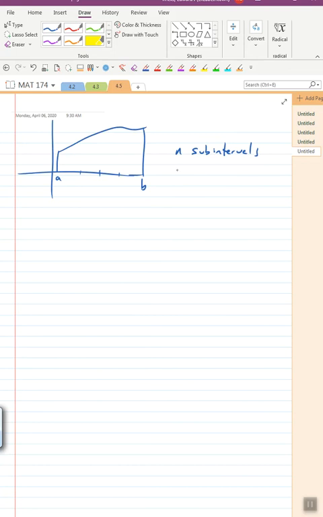You remember that subintervals were created by the partition of that interval into points, where we just said let x0 be the left endpoint, let xn be the right endpoint, and then delta x for a regular partition would just be the width of the entire interval divided by the number of pieces.